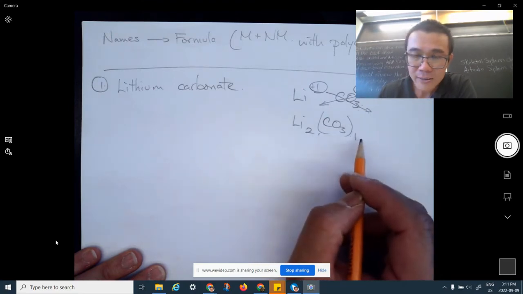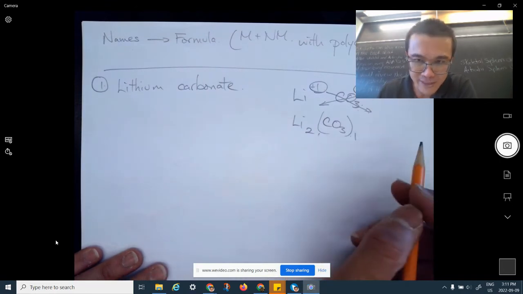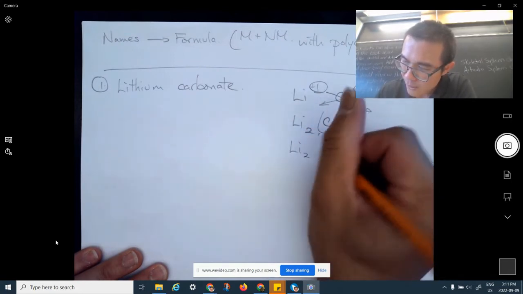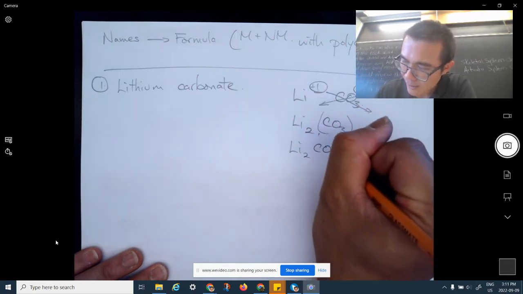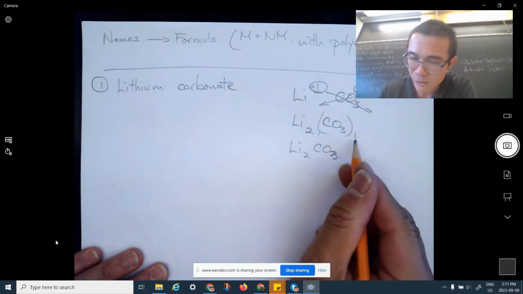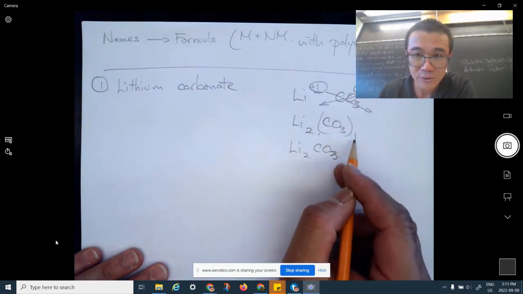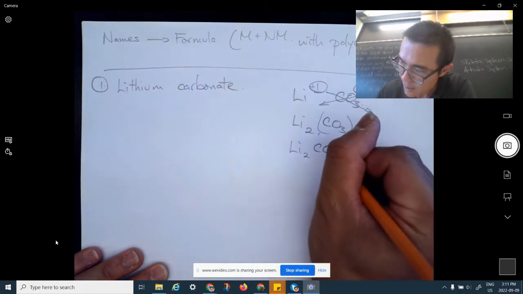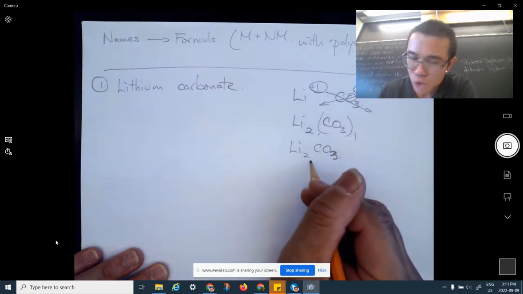In chemical nomenclature, we make the 1 invisible. Since there's only 1 of CO3, you don't need the bracket anymore. So it's Li2CO3.